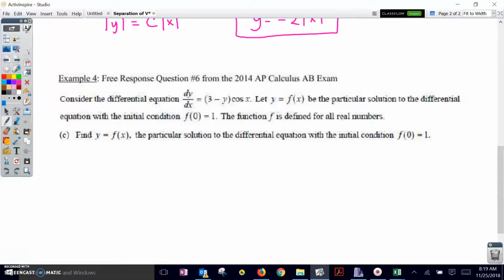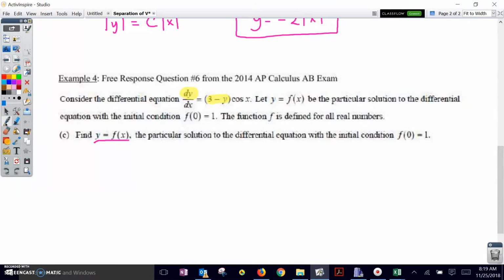Alright, so since they tell us to find y equals f of x, we want to solve dy/dx equals the quantity 3 minus y times the cosine of x. In order to do that, we're going to use separation because the variable that's in the numerator of our differential shows up in this factor on the right hand side.